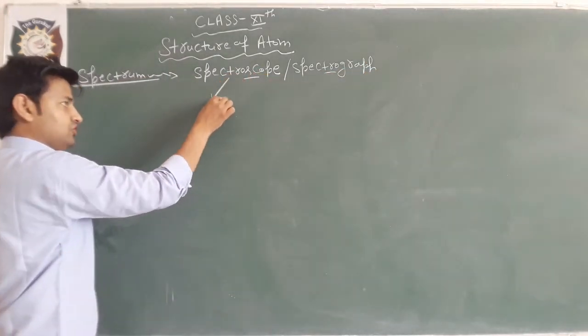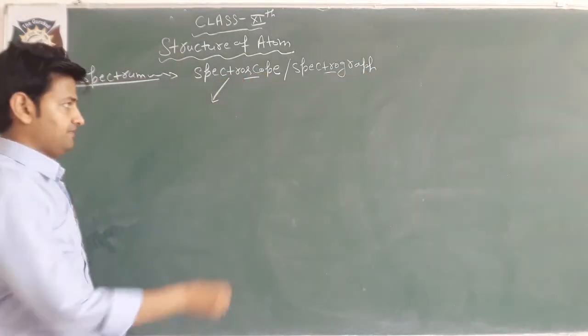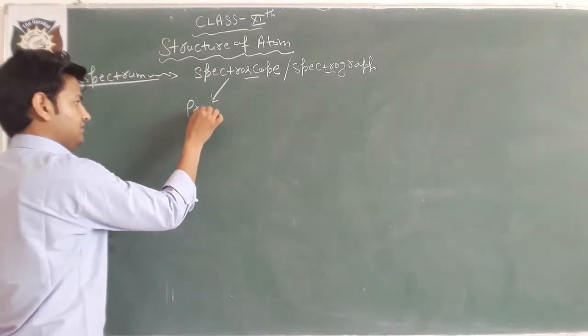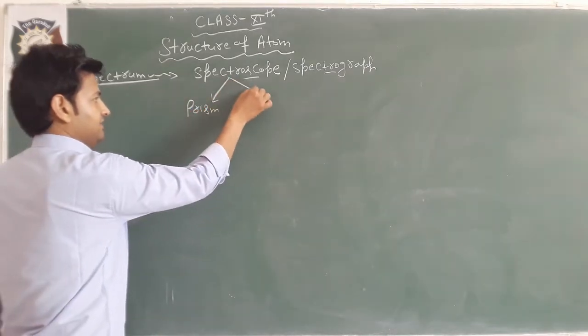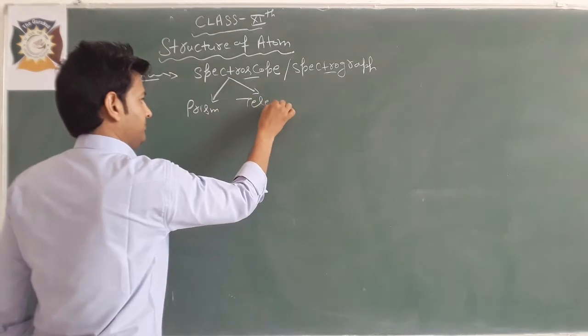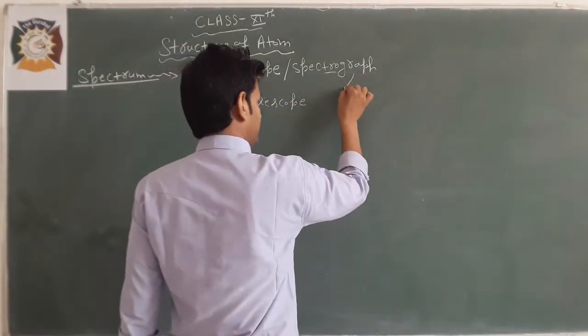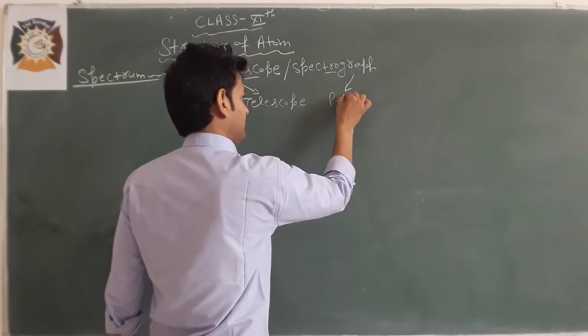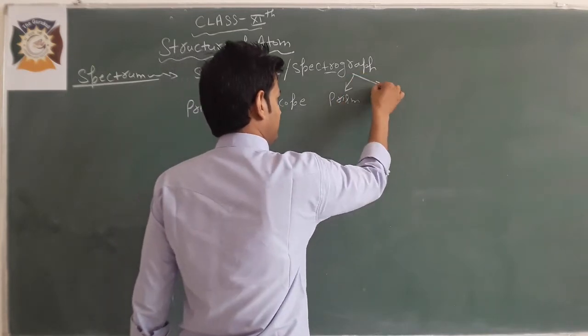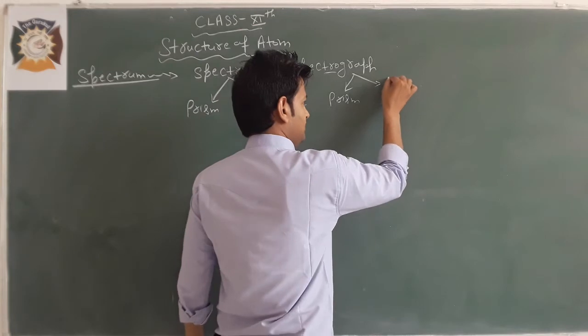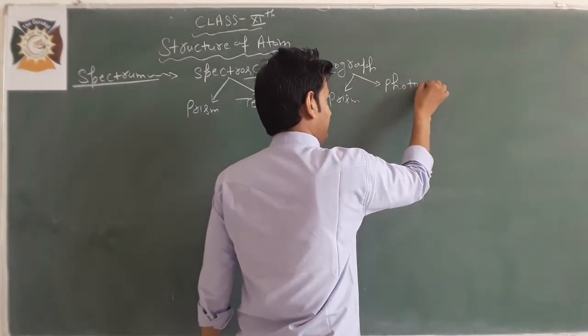In the spectroscope, mainly two parts are present: one is a prism and the second is a telescope. In a spectrograph, the prism is present, but the telescope is replaced by a photographic plate.